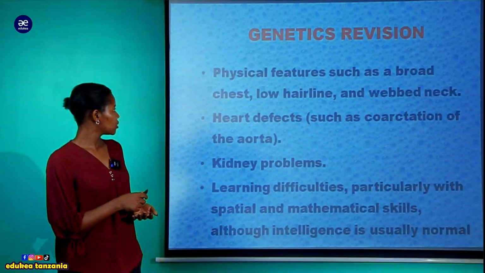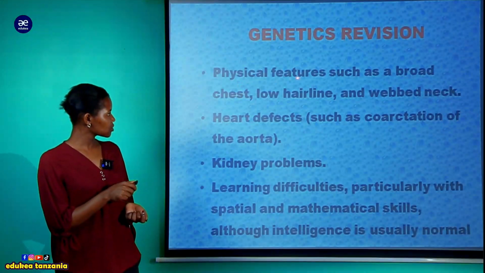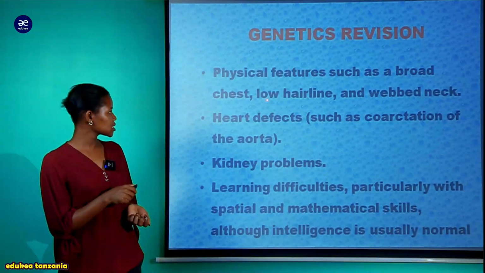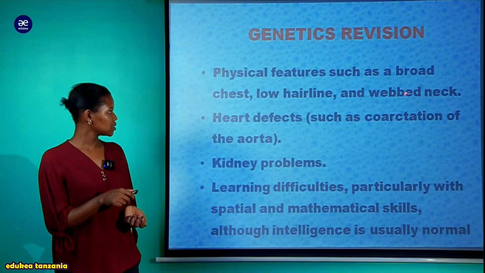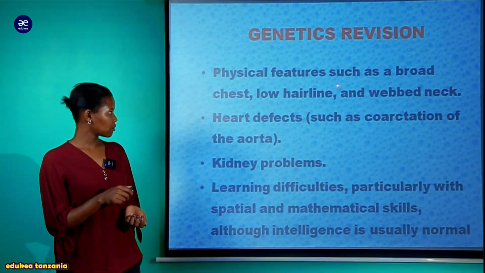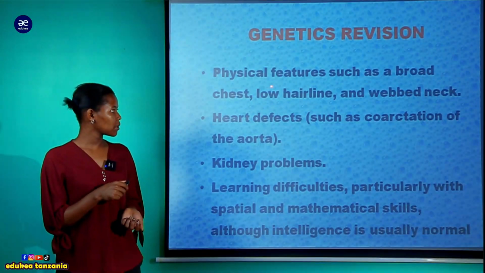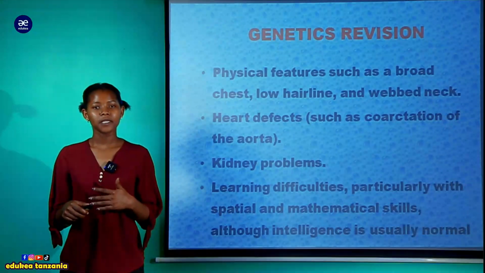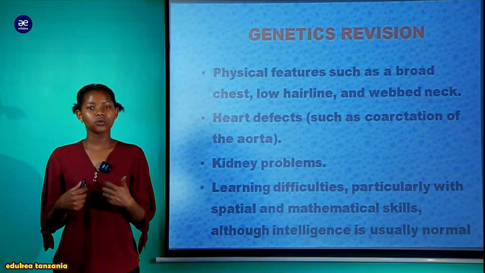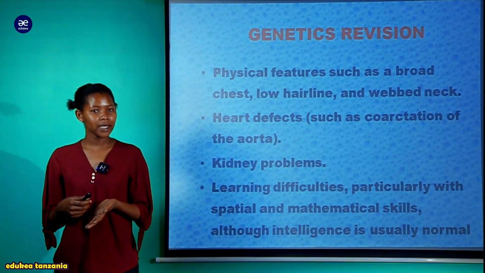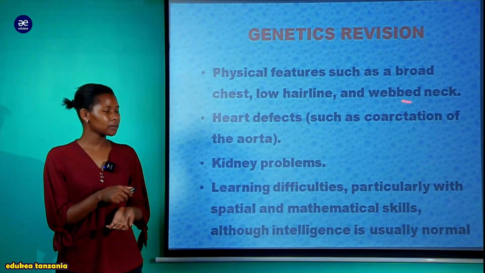And now we can see another is physical features such as a broad chest, low hairline and webbed neck. Anaweza akapata broad chest ikapanuka sana, akawa na low hairline, na kingine akawa na webbed neck.